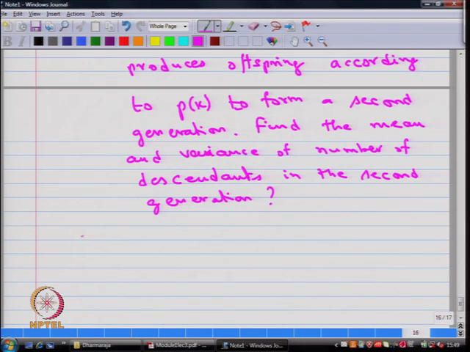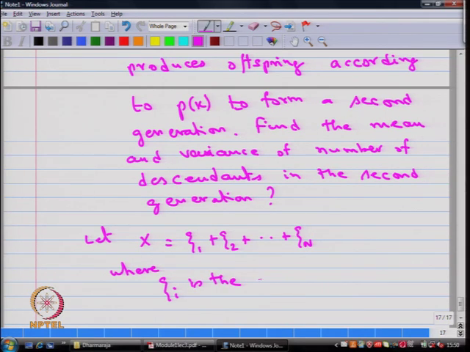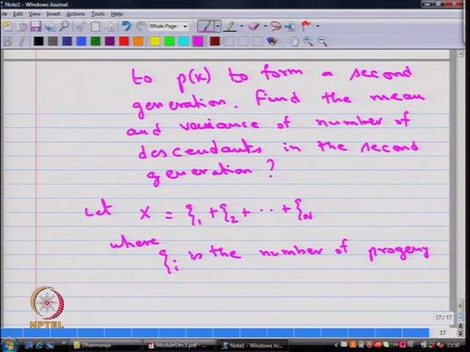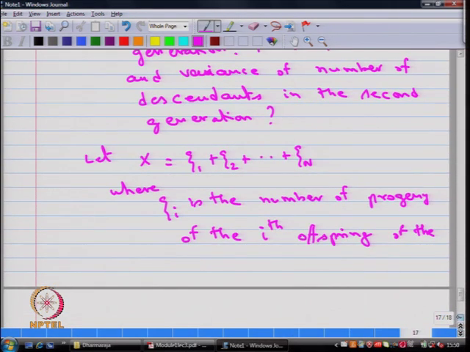Let capital X be psi 1 plus psi 2 plus up to psi suffix capital N, where psi i is the number of progeny of the ith offspring of the original parent.